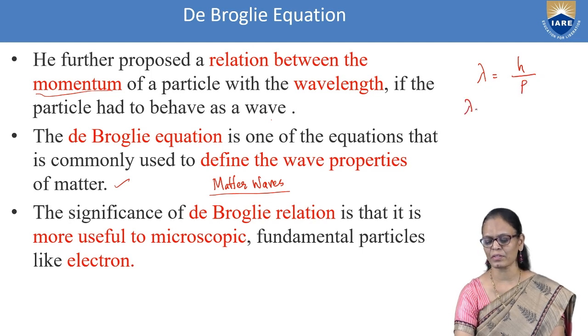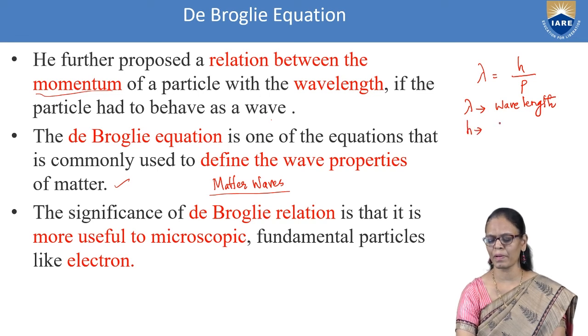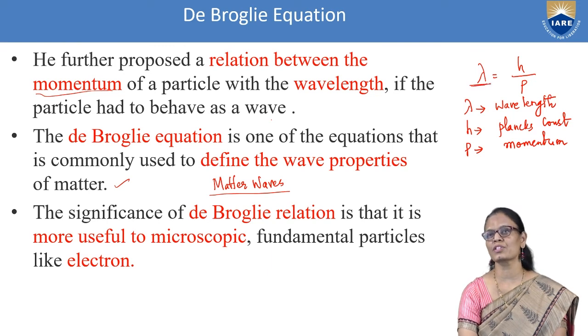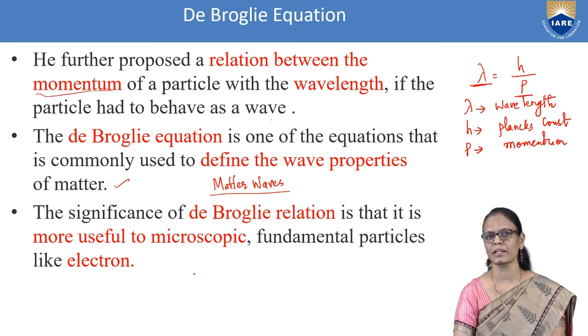Lambda is the wavelength, where we talk about a wave in terms of wavelength. h is the Planck's constant and p is the momentum. With the help of this relationship, he could establish a relationship between wavelength, that is the wave nature, and momentum, that is the particle nature.